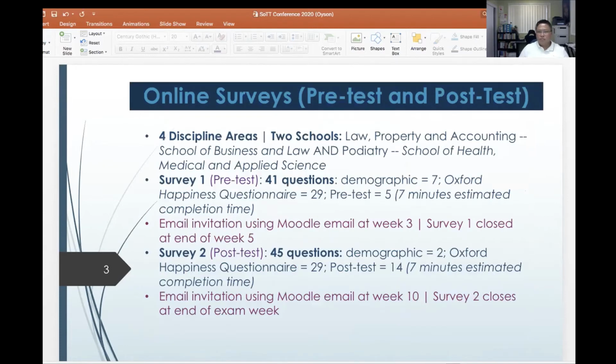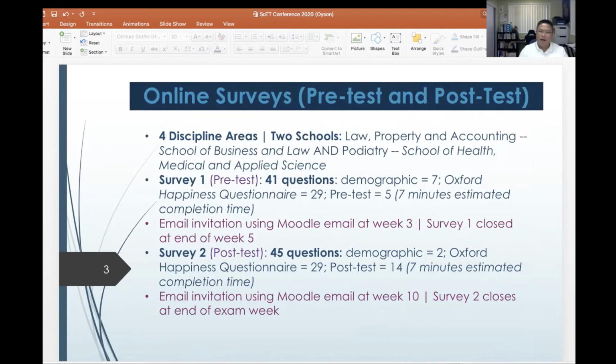In terms of the survey, I'd like to call your attention to the fact that this is an online survey, which I think involves a higher level of complexity. If you had a paper-based survey and wanted your students to fill it in, you could just hand them the paper-based surveys, and because of some level of social pressure, they're probably going to respond.